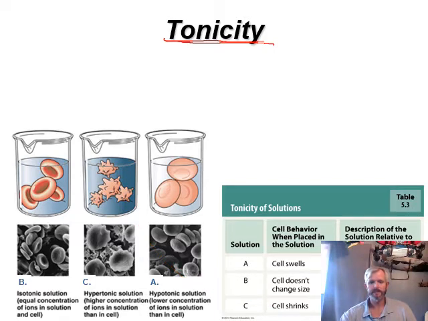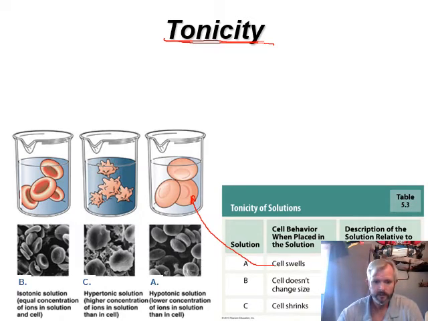On the opposite end, a hypotonic solution causes the cells to swell. What would have to be my concentration of non-penetrating solutes outside in this solution? Here's my cells, got a certain amount of non-penetrating solutes, and I'll tell you right now, the amount of non-penetrating solutes is kept homeostatic.